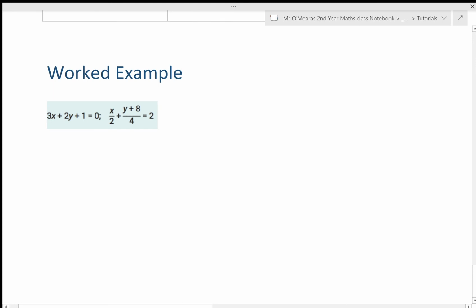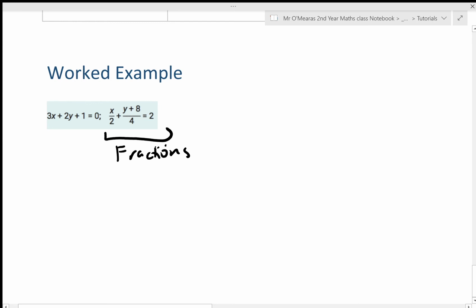So again, we have two lines here. We can see there's a fraction in the second equation. They're not on separate lines here, but we can sort it out. So this one here, you can see we have fractions. So again, if you look back up at your steps, the first step was basically to eliminate fractions or decimals.